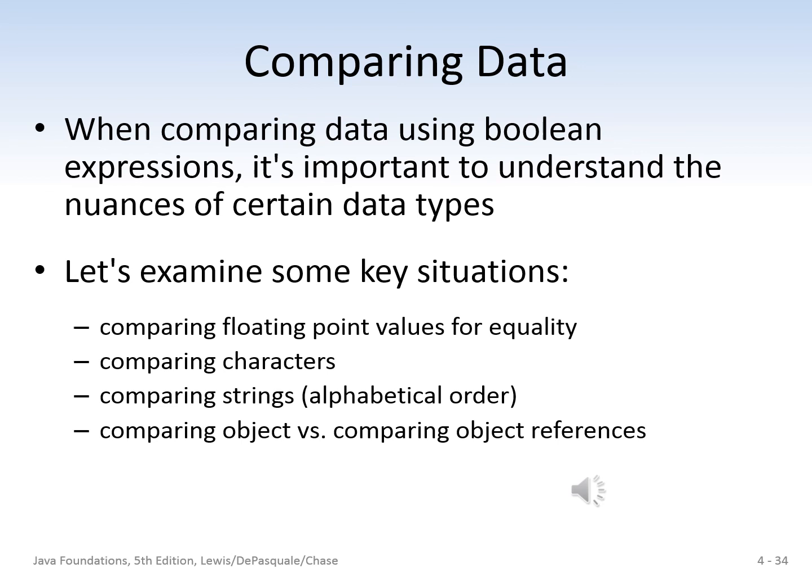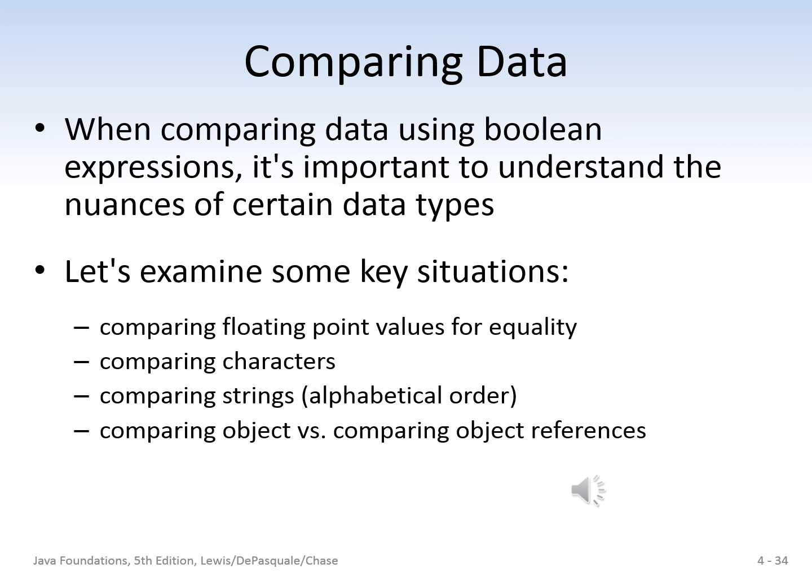When you're comparing data using Boolean expressions, it's important that we understand the nuances, aka differences, between certain types of data. So, comparing floating point values for equality is pretty straightforward.